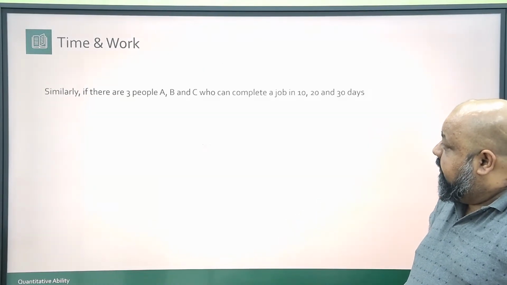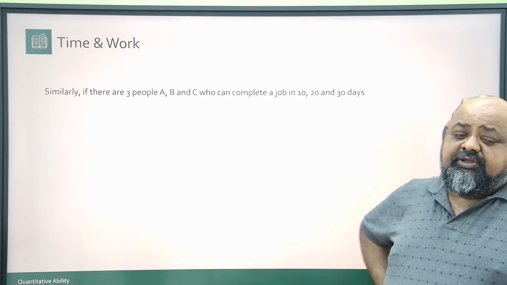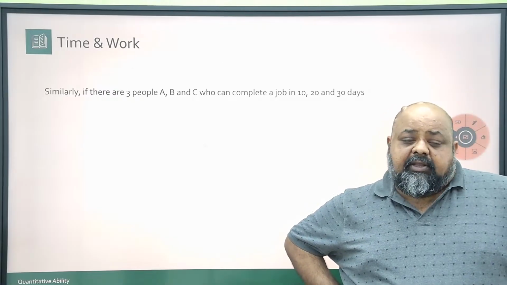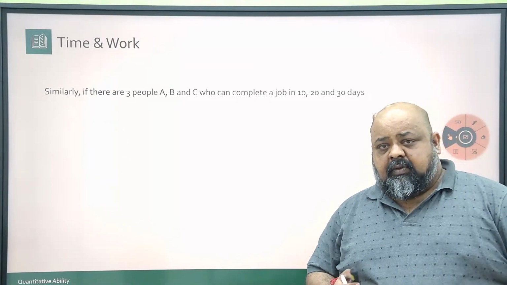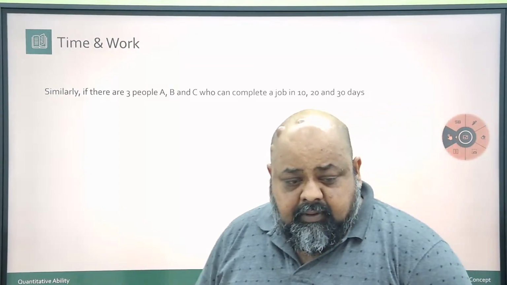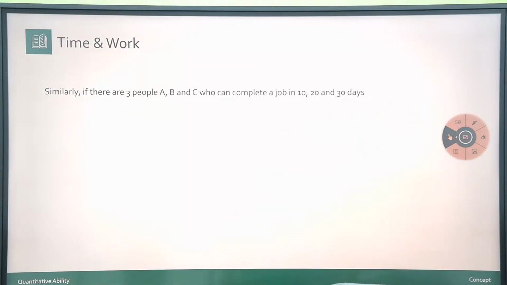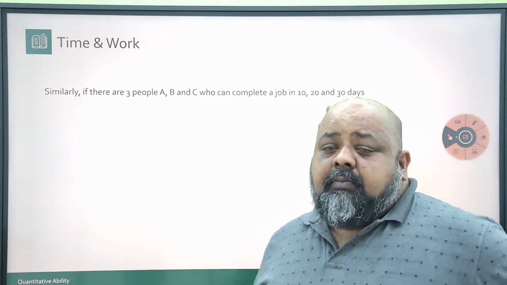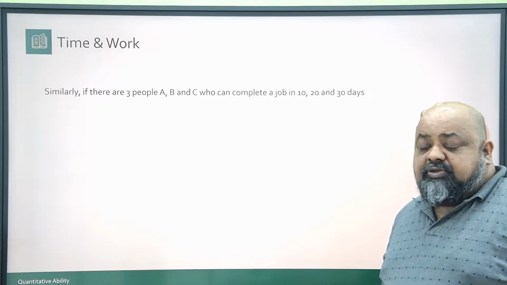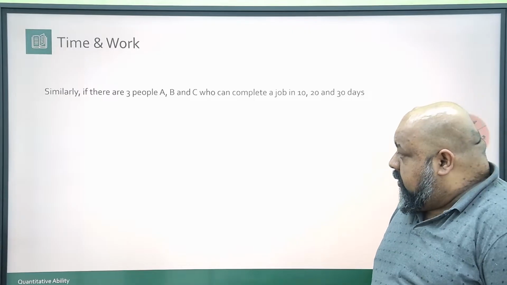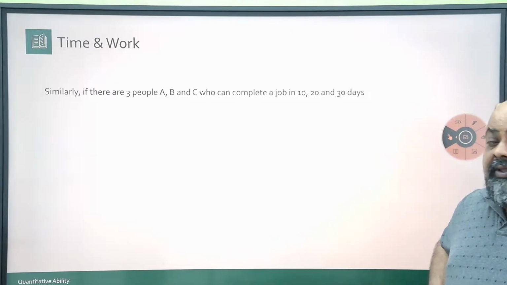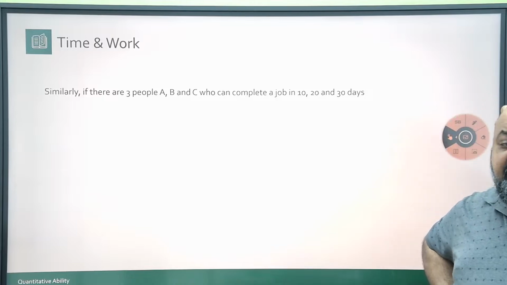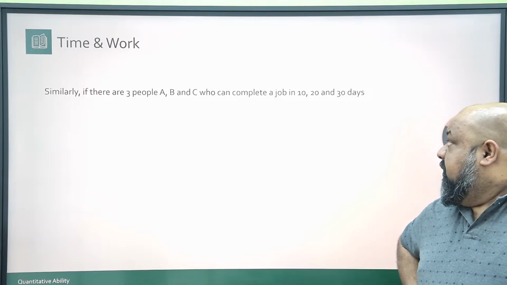For example, if we have to do this for 3 people, can you help me answer this question? So this says 3 people A, B, C can complete their work in 10, 20 and 30 days respectively.